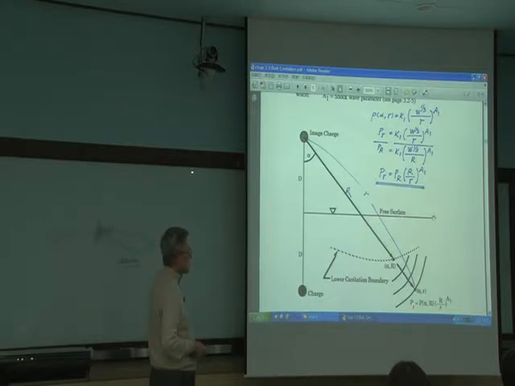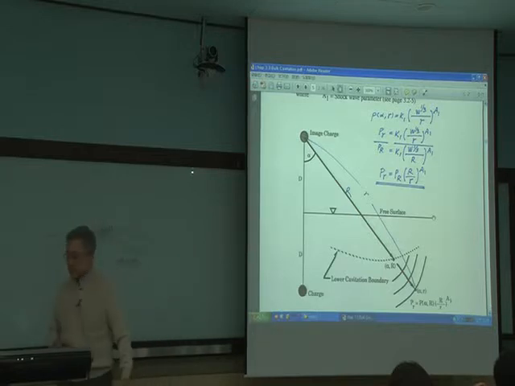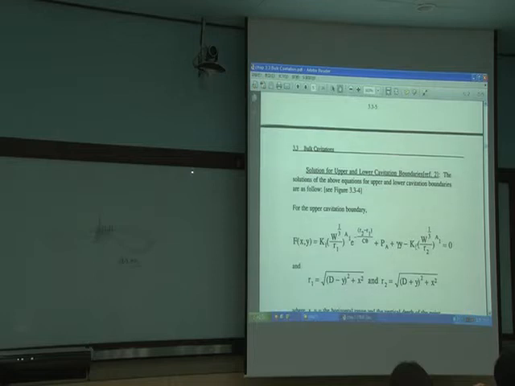And this pressure at small r can be expressed like this. This is equal to this. You divide by this, and you can express PR as capital R and this, okay? Just explaining the basics here.